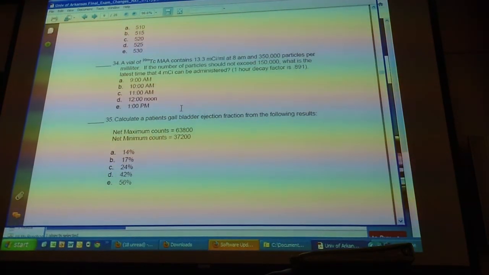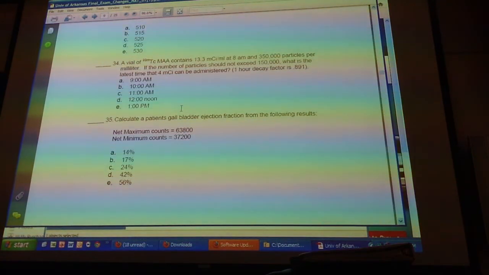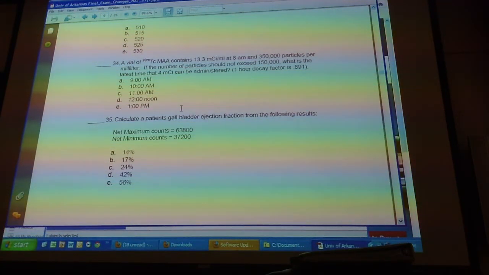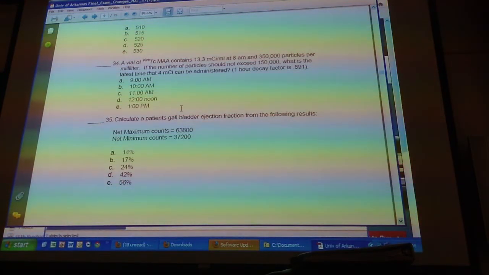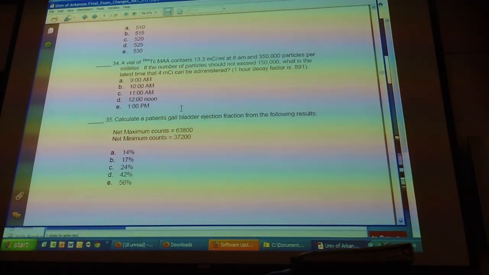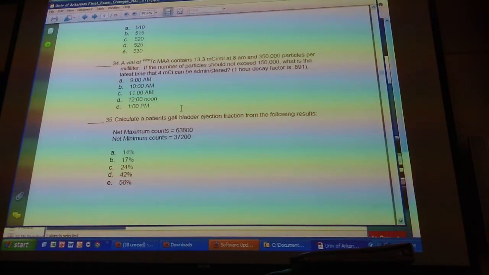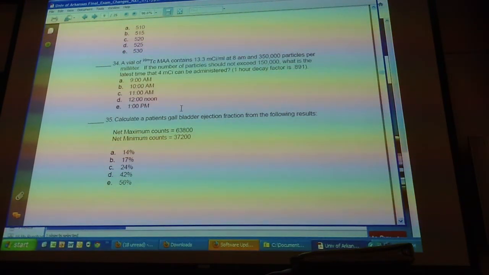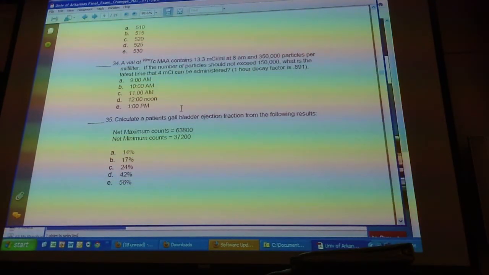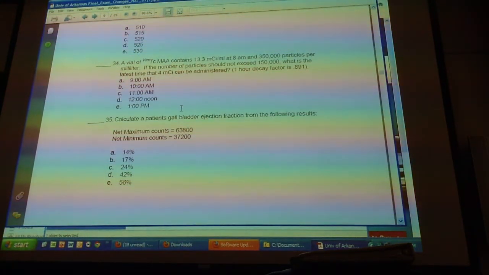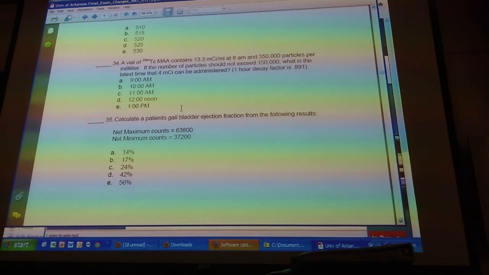Particles don't change either, do they? No, the particles aren't going to change. So you have 13.3 millicuries, 350,000 particles per ml. The main thing you have to determine is how many hours we would get 4 millicuries. How many ml are you going to have?